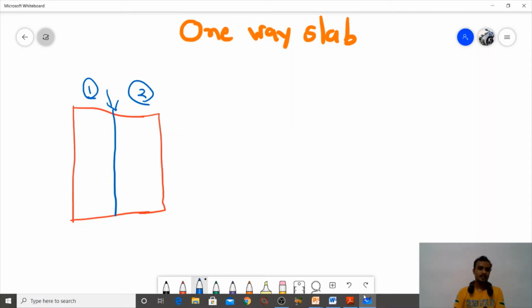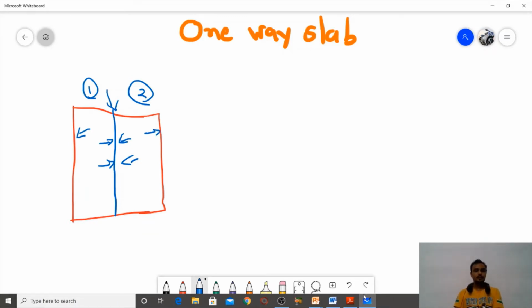Slab load is transferred to the beam. How is it transferred? As we discussed earlier, a one-way slab transfers load in two directions.